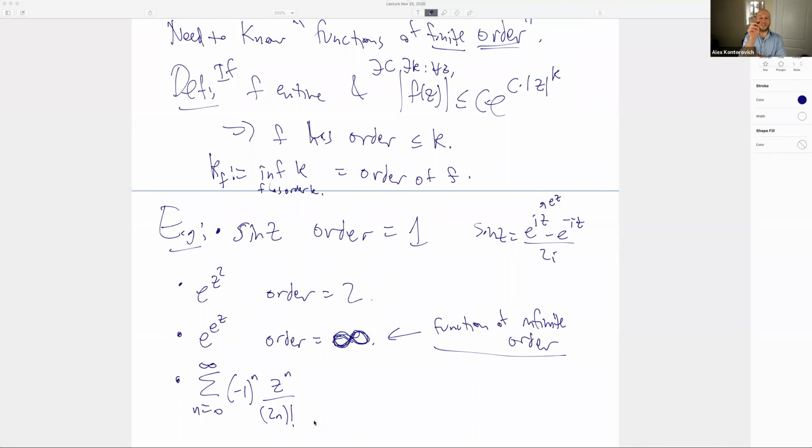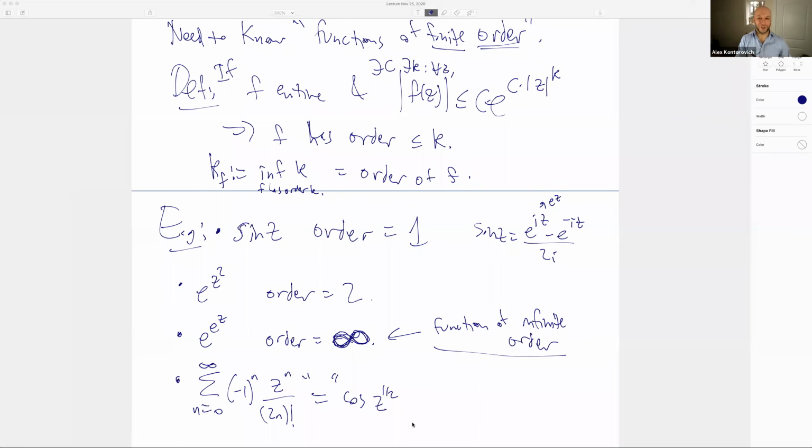If I had z to the 2n over 2n factorial, what would this be? Cosine. But I don't have a 2n, I have an n. So it's like cosine of root z.